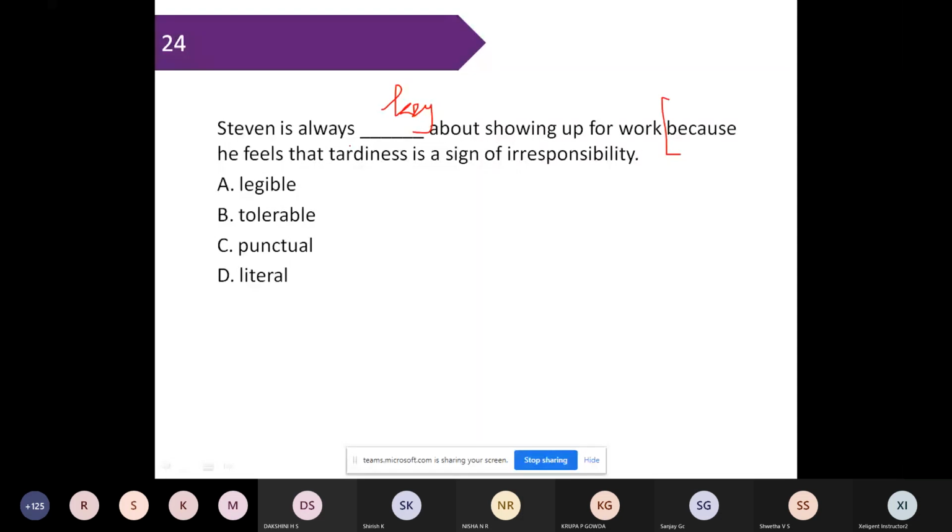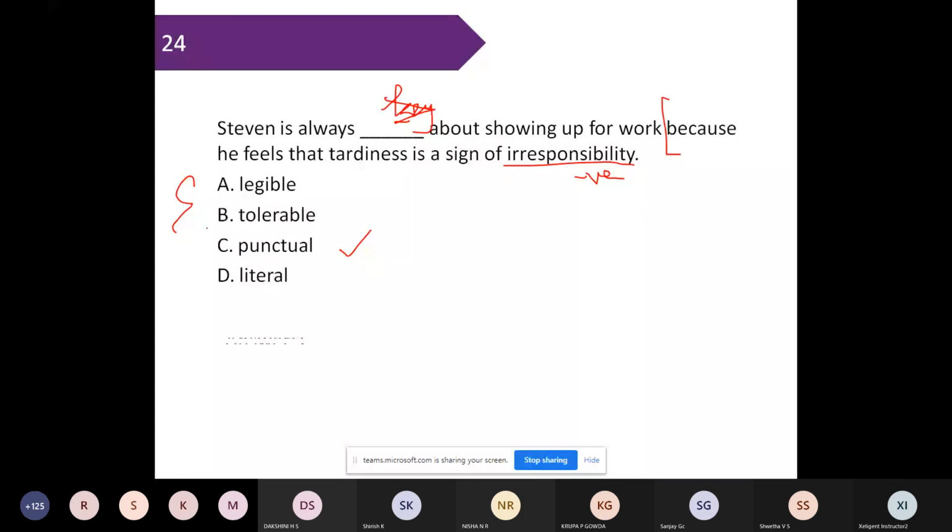So Stephen is always punctual about showing up for work, because he feels that tardiness is a sign of irresponsibility. Just check this word: irresponsibility is a negative word. You can blindly go for punctual if you know the meanings of other words.